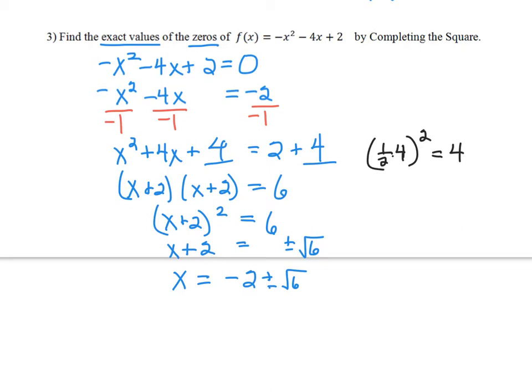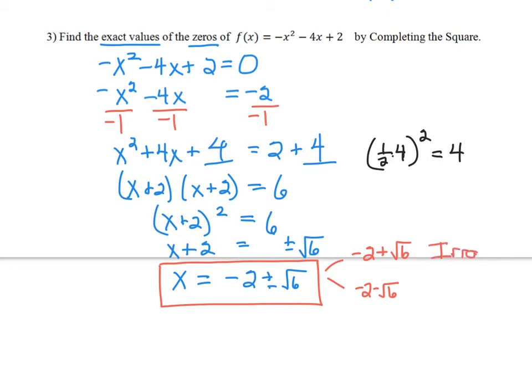Now again, because the question said give the exact values, I am definitely stopping here and not putting a decimal approximation. If I had to write the two solutions separately, I'd say negative 2 plus radical 6 and negative 2 minus radical 6. And again, because 6 is not a perfect square, both of these answers are irrational roots.